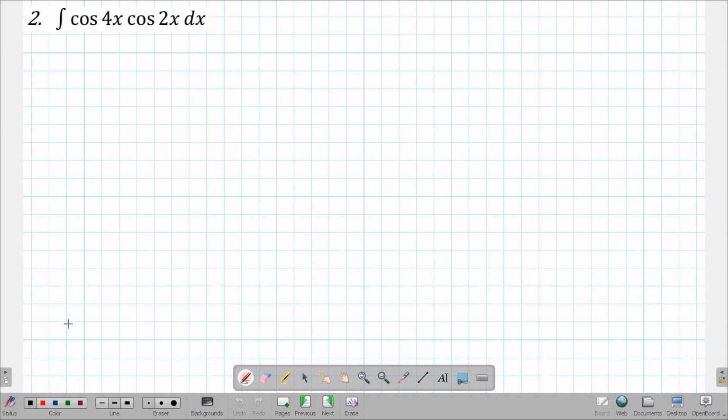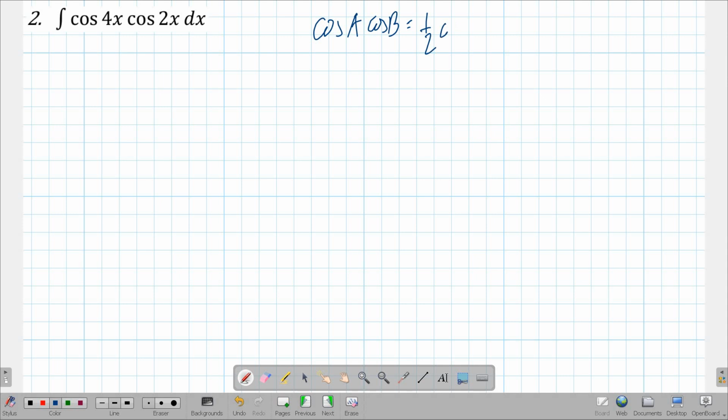This time what we have is cosine and cosine. So for cosine times cosine, let's write it here: cosine A cosine B, the formula based on our previous slide, but I'm going to separate the 1/2.